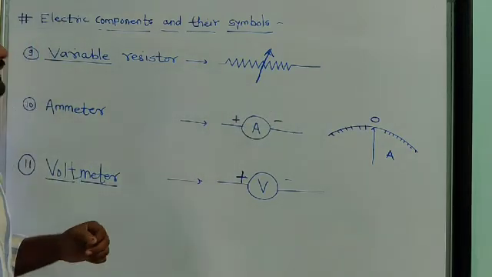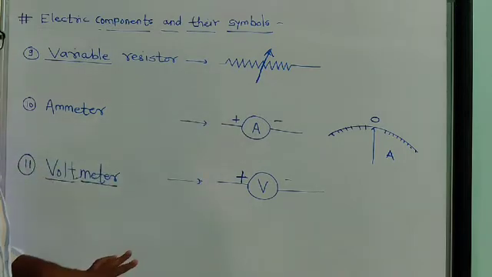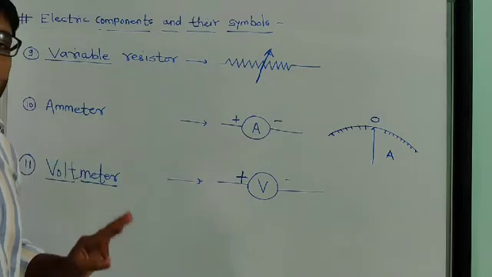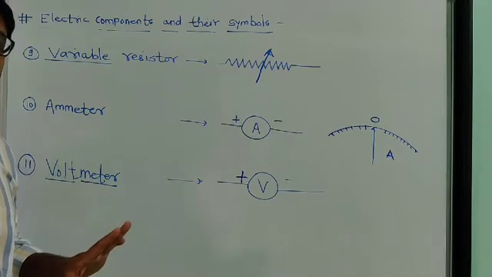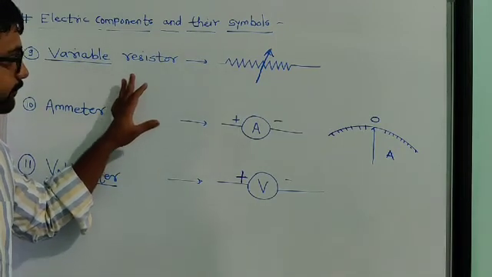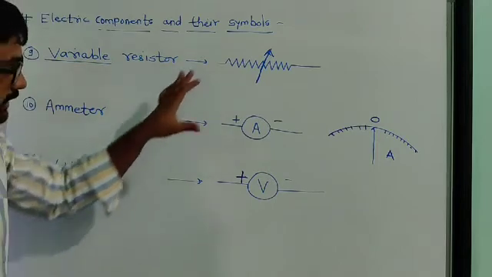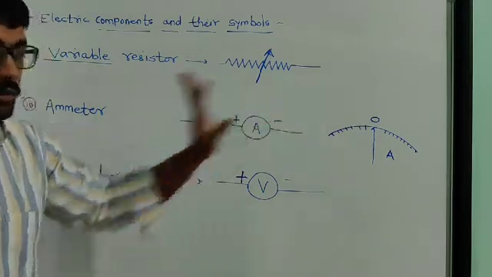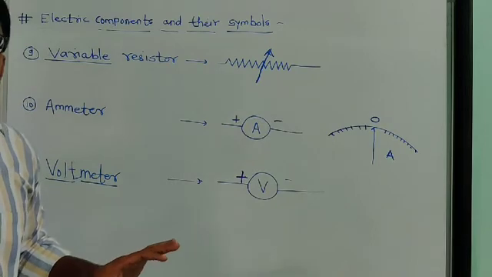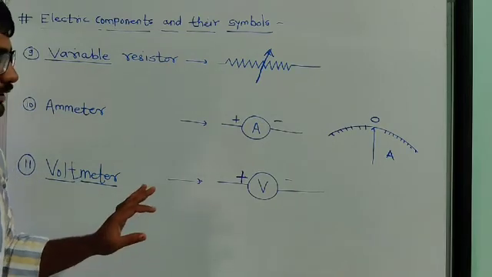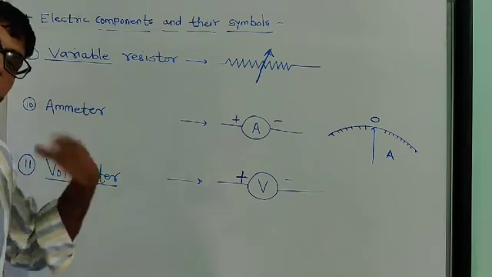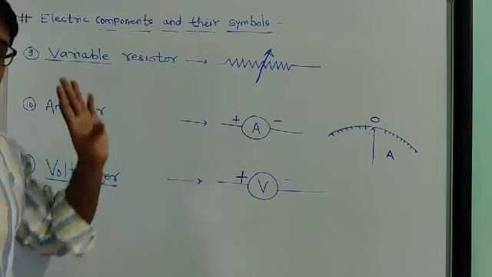So we have to use different electric components in an electric circuit. You have to write the names of the components, their symbols and uses in the notebook, because you will use these symbols up to 12th and in further higher studies.